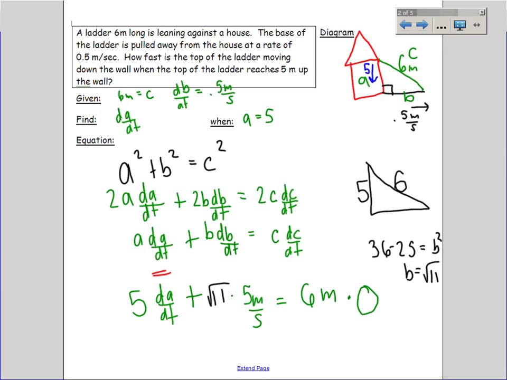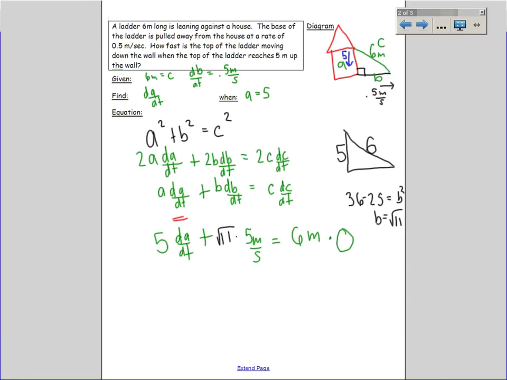At this point in time, we have everything that we need to know so that we can solve for dA over dt. We end up with 5 dA over dt plus 5 square roots of 11 equals 0.